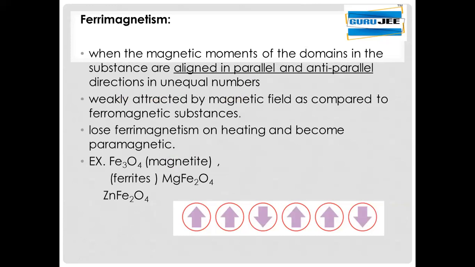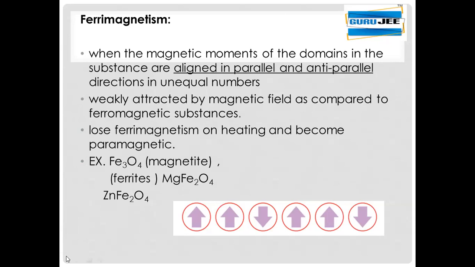And here they are weakly attracted by magnetic fields as compared to ferromagnetic substances. The strongest magnetic properties are shown by ferromagnetic substances because they can sustain their magnetic property even after we remove the magnetic field. But the other 4 substances are weakly attracted by the magnetic field.